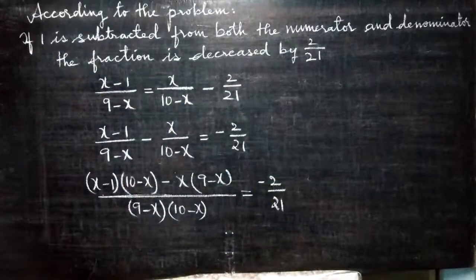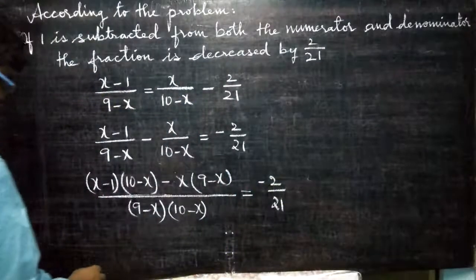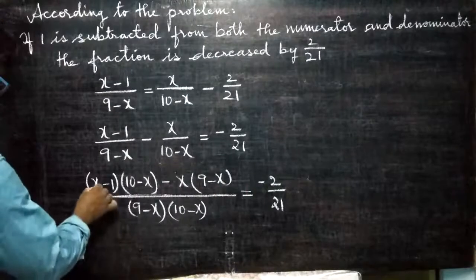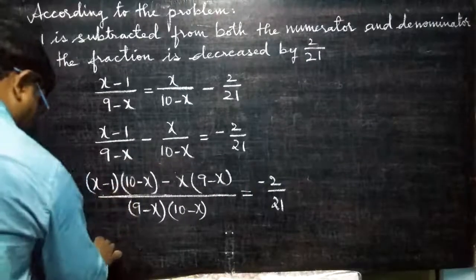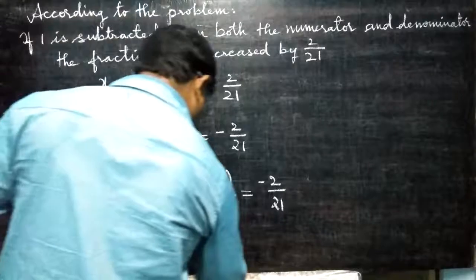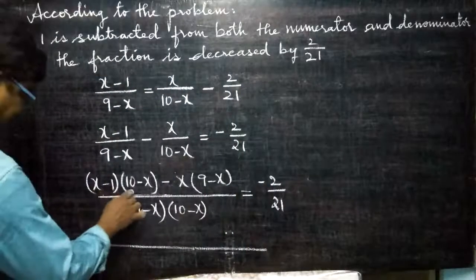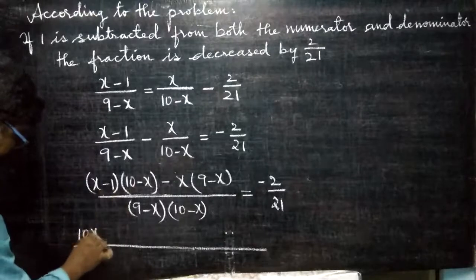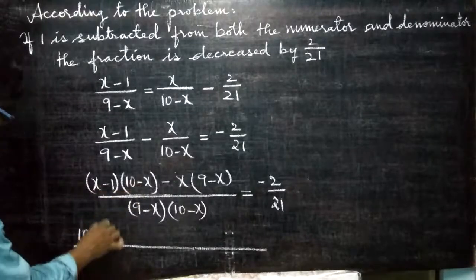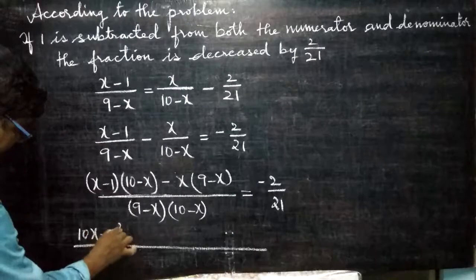Now multiply carefully. Multiplication you have to be careful. x into 10, draw a first line so that it is easy. Now x into 10 is 10x. Plus into minus is minus x square.